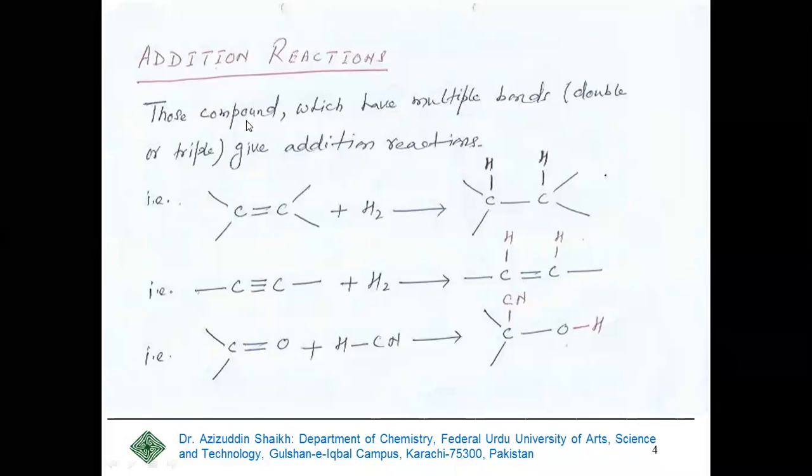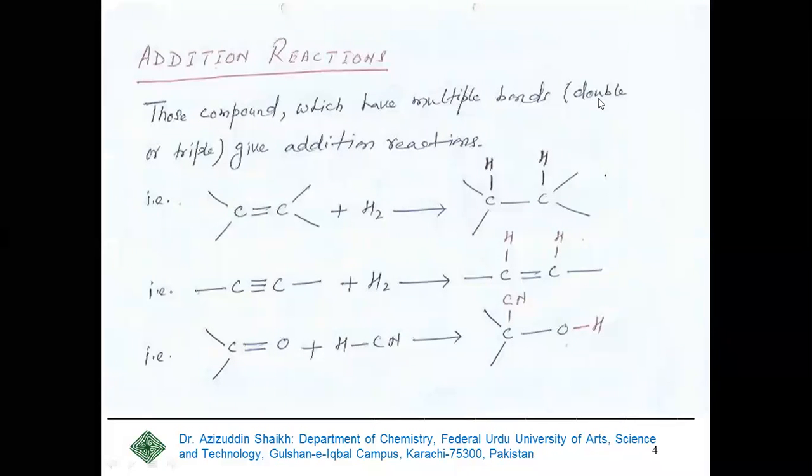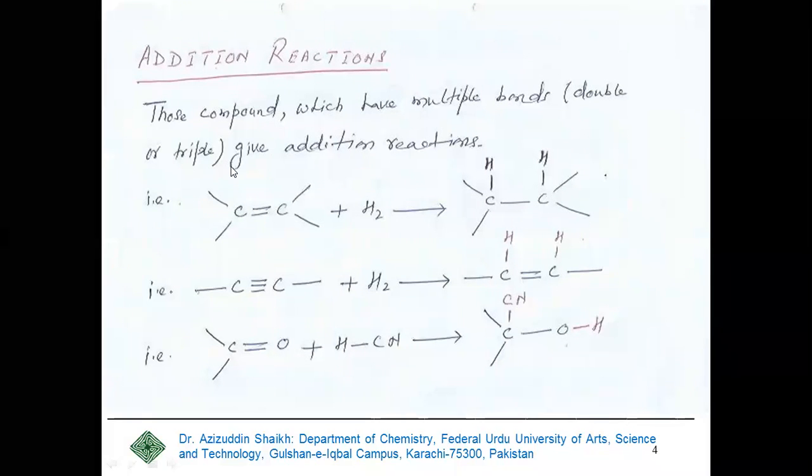Unsaturated compounds are those which have multiple bonds, meaning double bonds or triple bonds. If double or triple bonds are present, they have the tendency for addition reactions. A molecule can be added by breaking the double bond or triple bond.